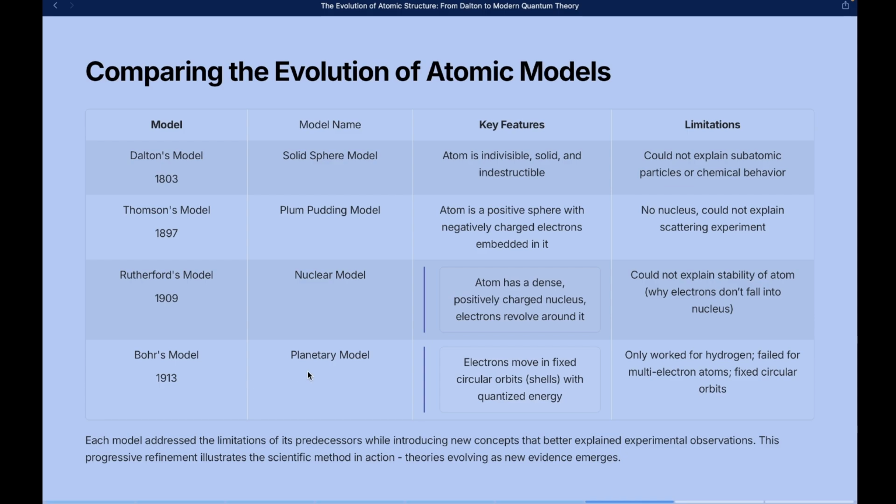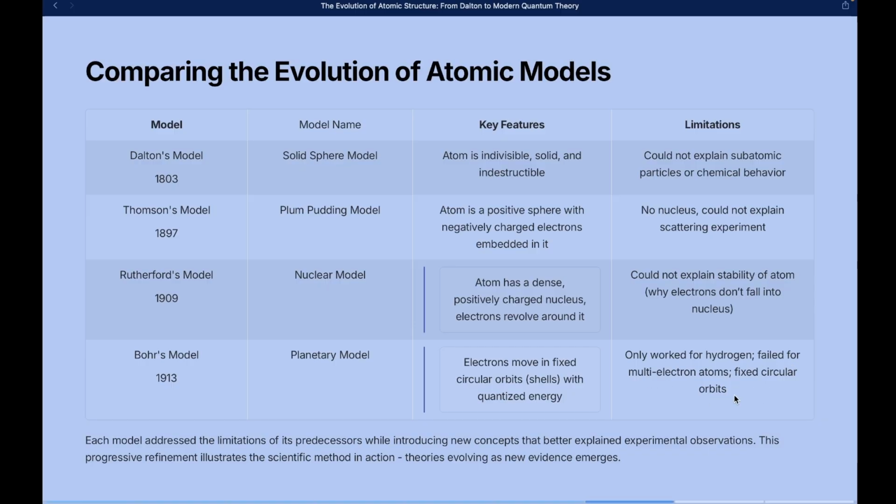The next improved model was Bohr's model. This model is also called the planetary model. It explained that electrons move in fixed circular orbits, which are called shells or fixed energy levels. These shells have quantized energy, but it worked only for hydrogen and single-electron atoms. It could not explain multi-electron atoms.